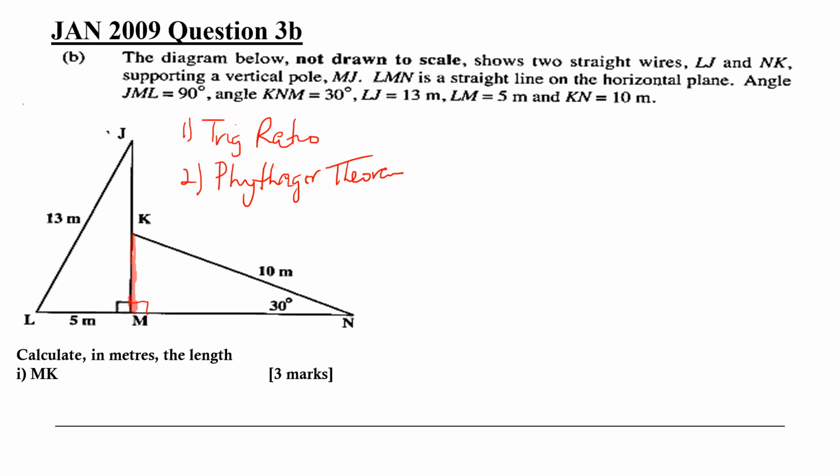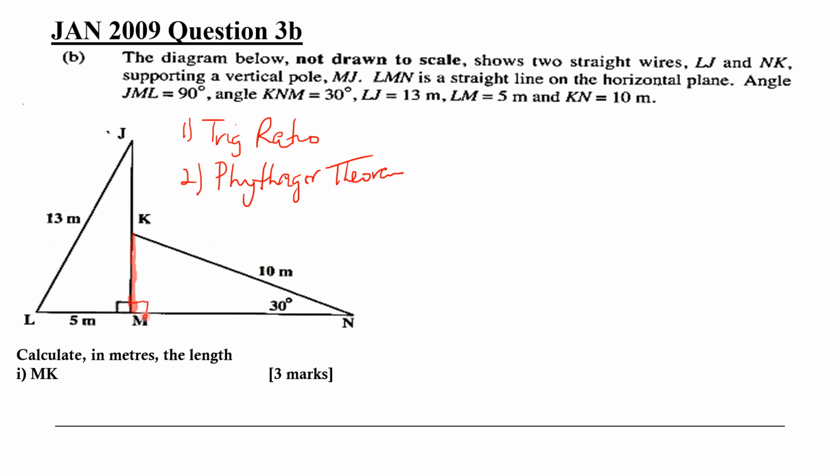Okay, so MK. We use Pythagoras theorem when you have the length of two sides of a triangle. Keep in mind that a triangle has 1, 2, 3 sides. So once you have the length of two sides, you would use Pythagoras theorem.